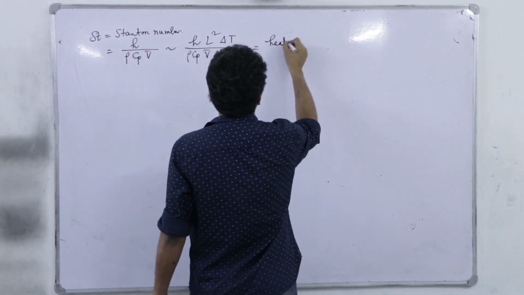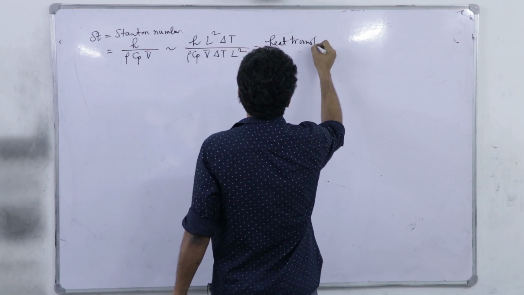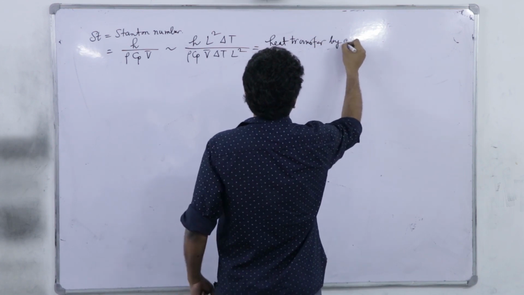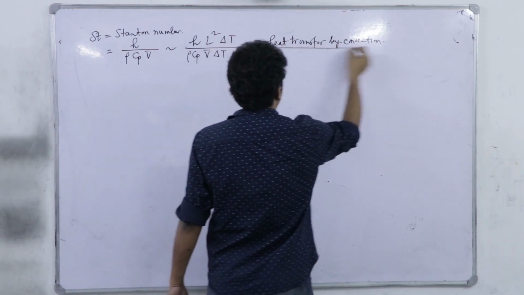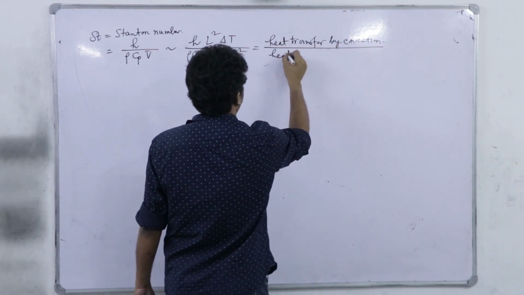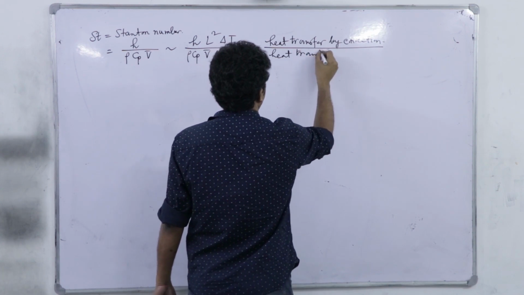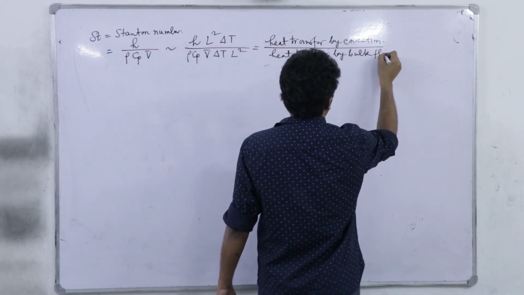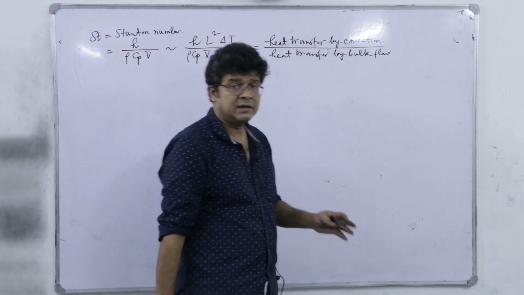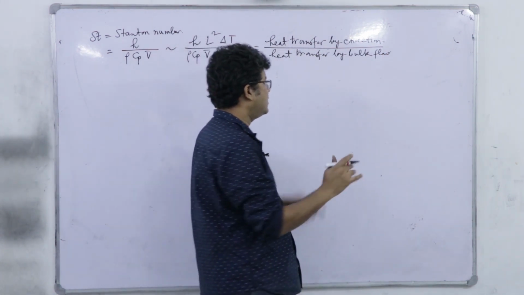Heat transfer by convection divided by heat transfer by bulk flow. Bulk flow and convection are actually different.